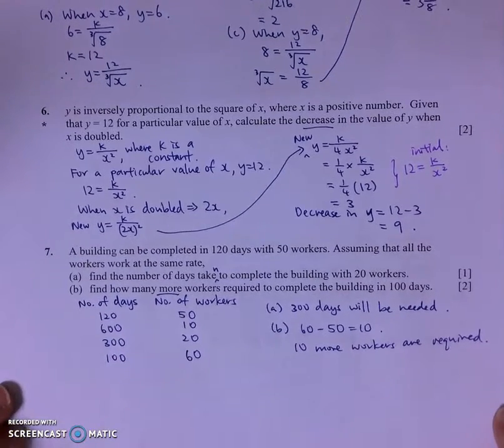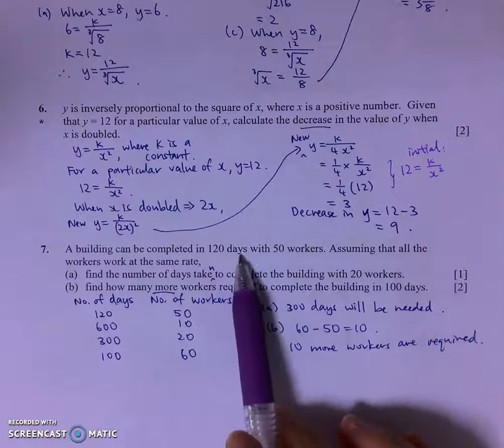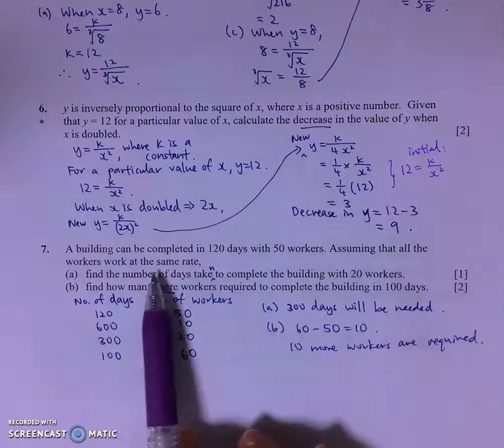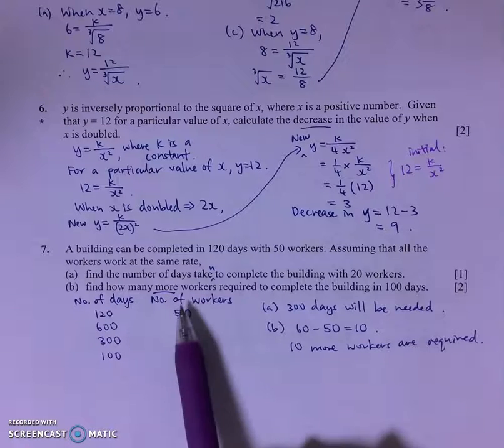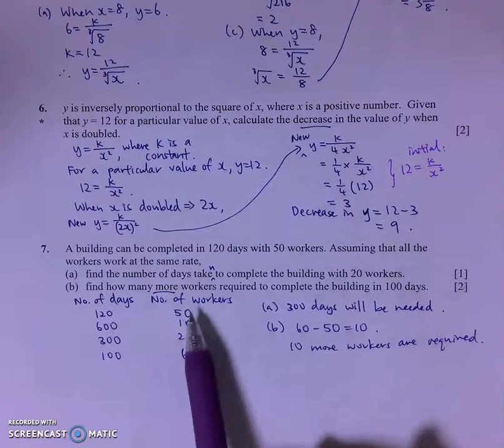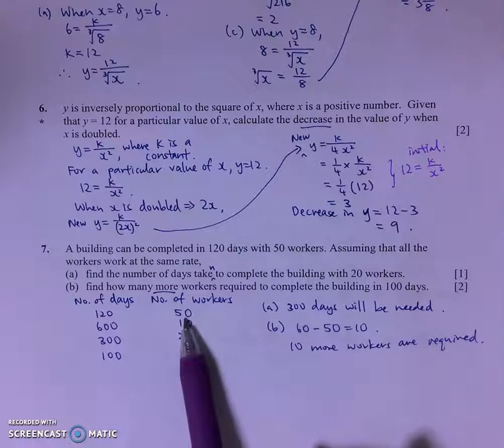For question 7, a building can be completed in this amount of days with this amount of workers, and they want us to assume that the workers work at the same rate to find the number of days taken to complete the building with 20 workers. So I can do a simple comparison. 120 days will require 50 workers.